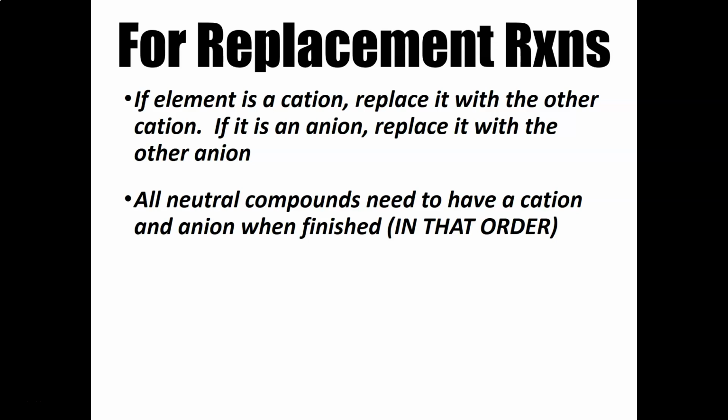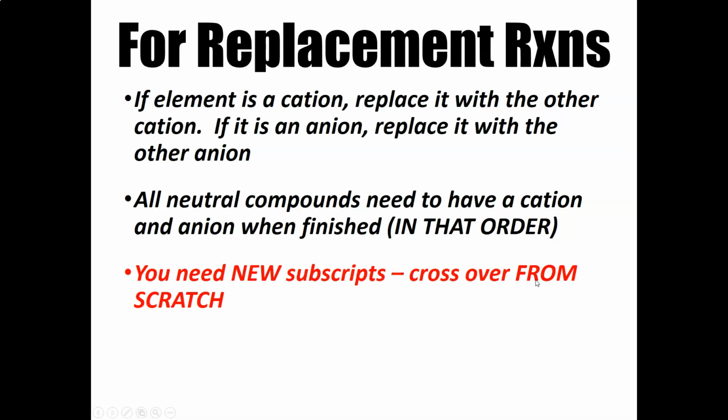Another big deal that we'll practice a little bit more on the next lesson is that you need new subscripts, okay? When you make a new formula, you take one of each ion and you figure out how many would be needed to make the compound neutral. I'm going to tell you that you're going to do what's called crossover from scratch.